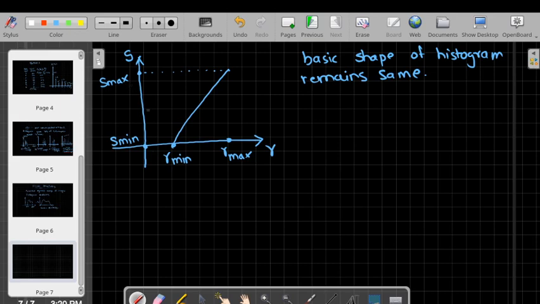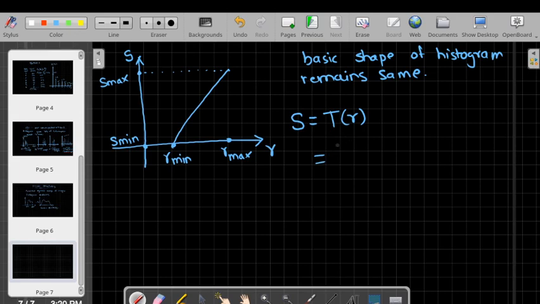Okay, so by using such a transformation we can find the transformation equation as S is equal to T of R, where R is the original gray level, S is the new or modified gray level, and T is our main transformation parameter.